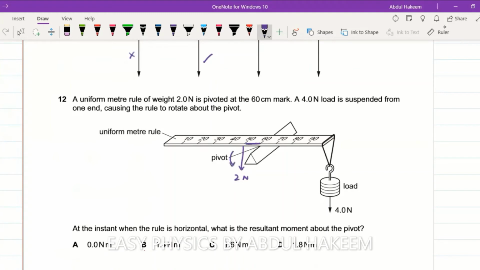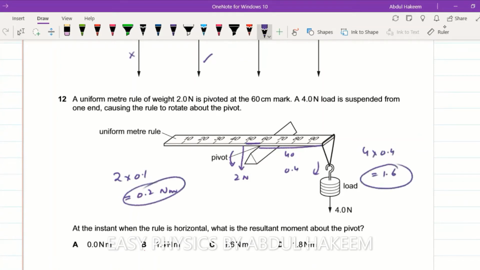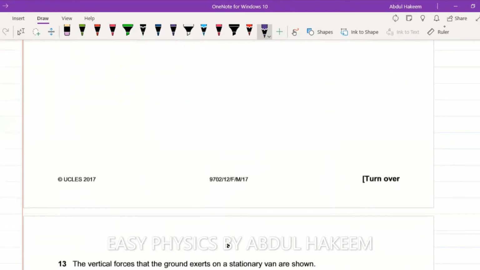This produces anti-clockwise torque: 2 multiplied by 0.1, which is 0.2 Newton meter. And then this is 4 Newton, and its distance from the pivot, 100 minus 60, is 40 centimeter, meaning 0.4. Its clockwise torque is 4 multiplied by 0.4, which is 1.6. Now the difference of these two torques, 1.6 and 0.2, is 1.4. The resultant torque produced is 1.4.